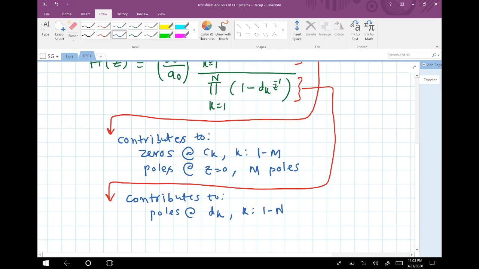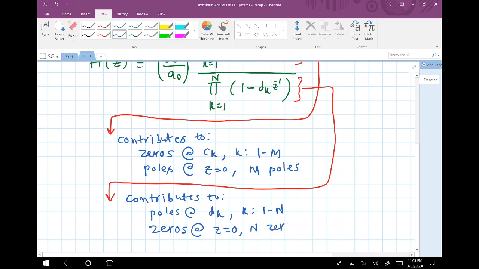And this z would go to the numerator, so that contributes to zeros. You have zeros at z equal to 0, and there are n such zeros, correct?